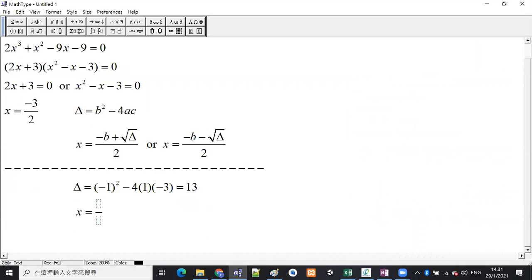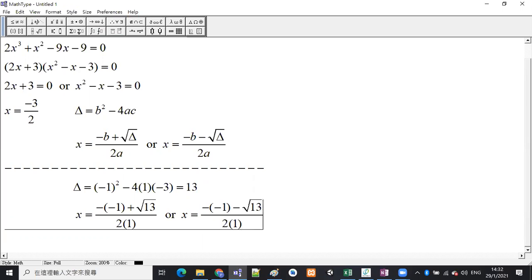So now we need to calculate the delta. Delta is 13, and then x will be negative of b, negative 1 plus square root 13 over 2a. Should be 2a, not 2. Over 2a. My fault. Should be 2 times 1, or x is equal to negative b minus square root delta over 2a.